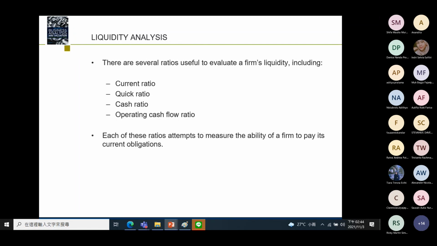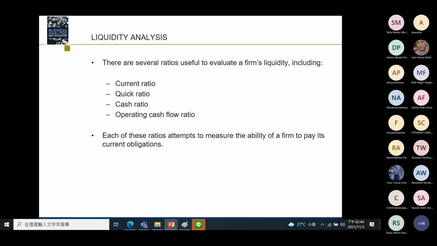Current ratio is defined as current assets divided by current liabilities. Quick ratio is defined as cash and cash equivalents plus trade receivables over current liabilities.